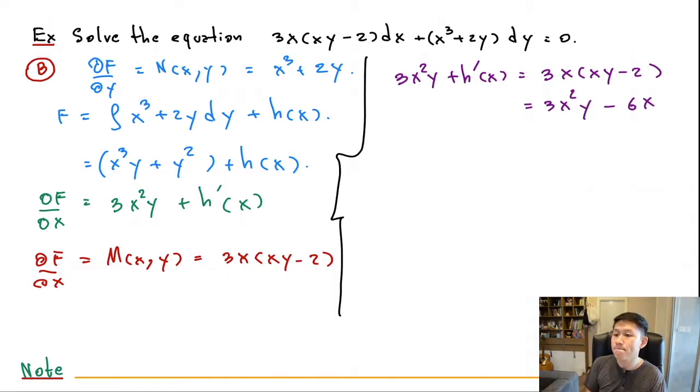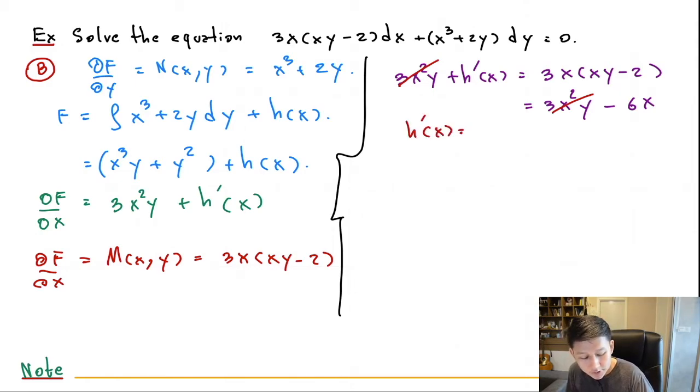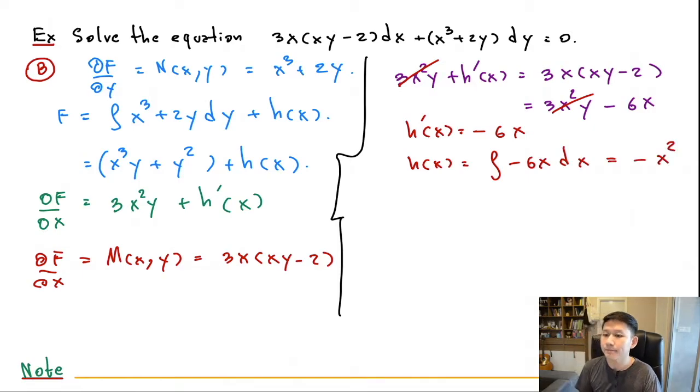These cancel out, so h prime of x is actually minus 6x. So h of x is the integral of minus 6x dx, which is minus 3x squared.